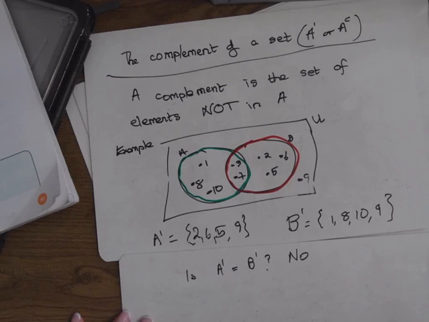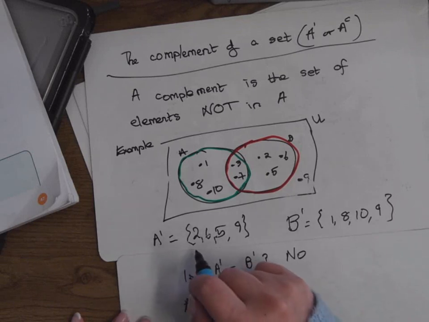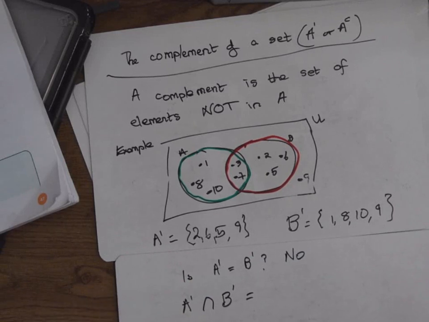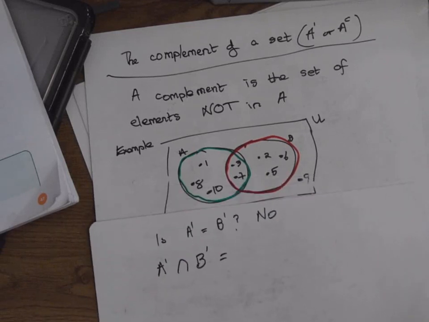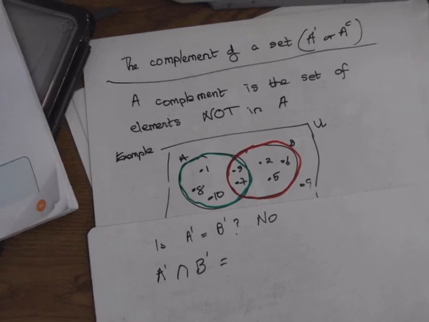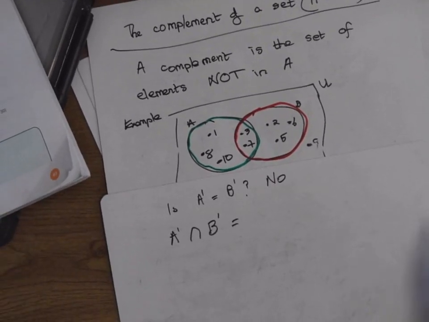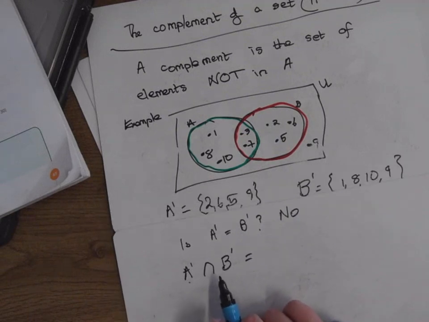So that's complement. What if I said, where does A complement intersect B complement? It's not A intersection B, girls, it's A complement intersection B complement.